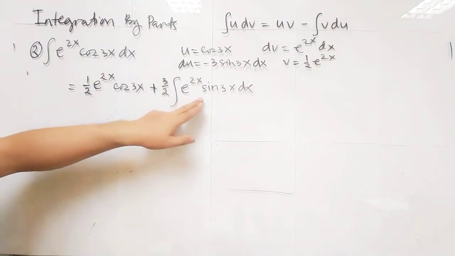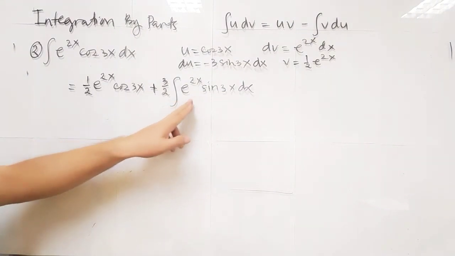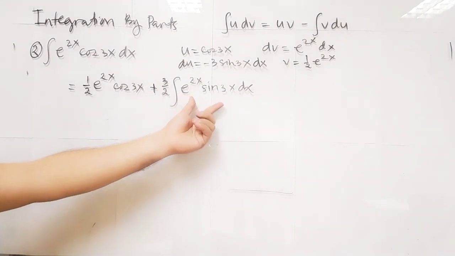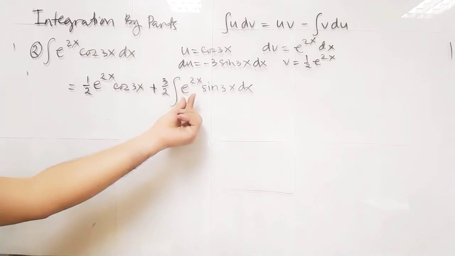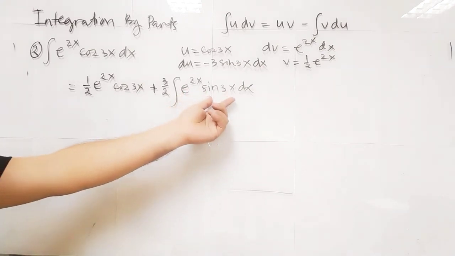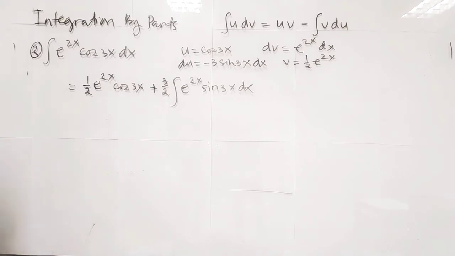Now if you have noticed this one, this is e to the 2x sine 3x, so this is another group. We have here e to the 2x, and another group is sine 3x. So again, we will apply another integration by parts.